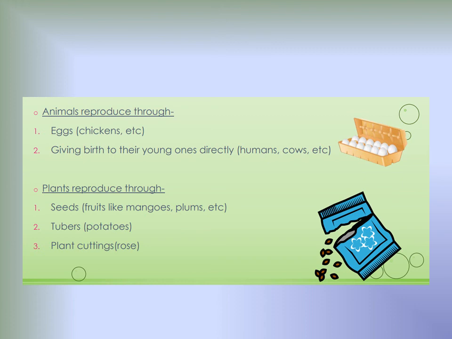Even plants also reproduce, and they reproduce by different body parts. That means by seeds like mangoes, plums, tubers, potatoes, and plant cutting. For example, rose. We can cut the stem of the rose and plant it to produce a new one.